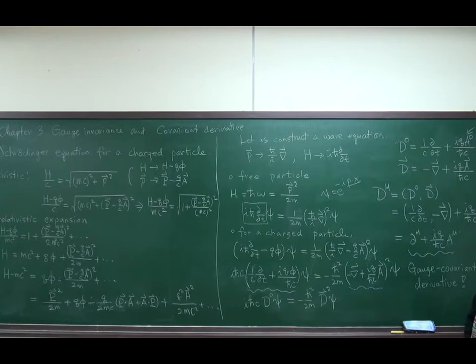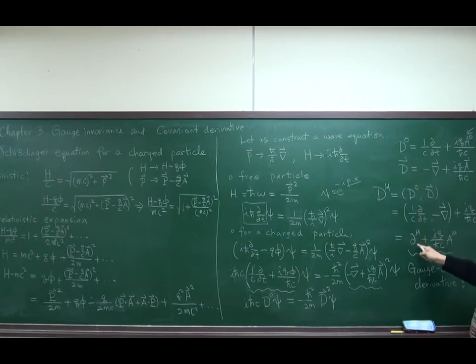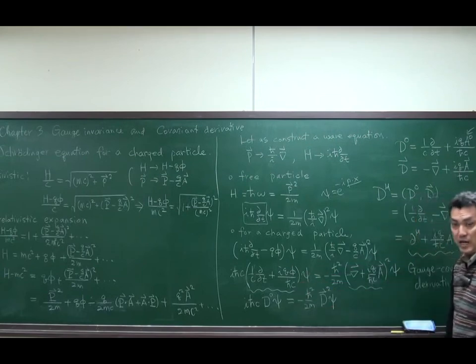But we are acquainted with this contribution. That is actually the spatial derivative, the covariant space-time derivative of the covariant form. And the remaining piece, if we replace phi by A0, then the remaining thing is just a constant four-vector.